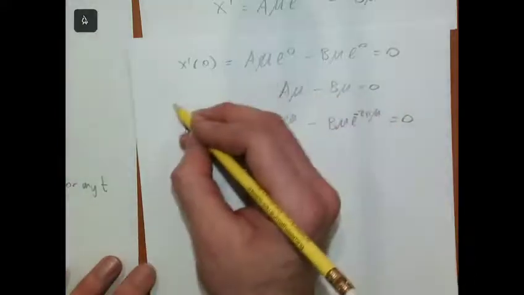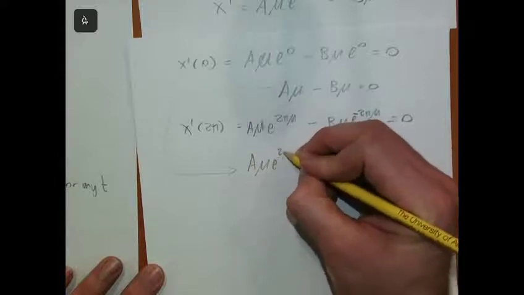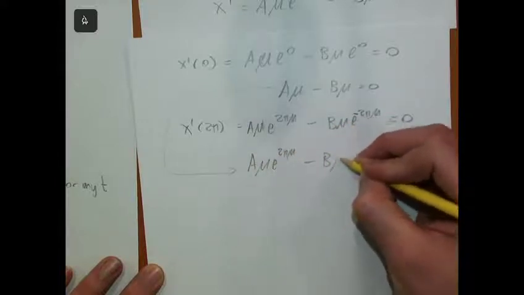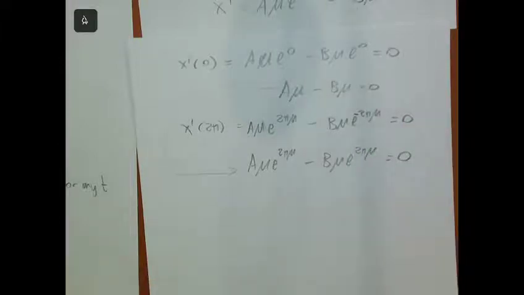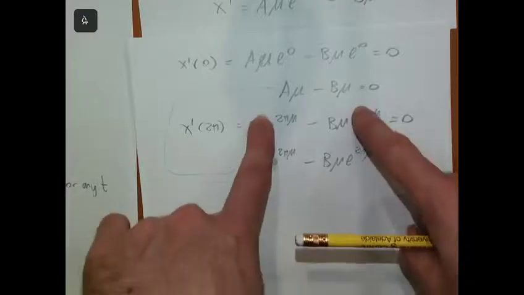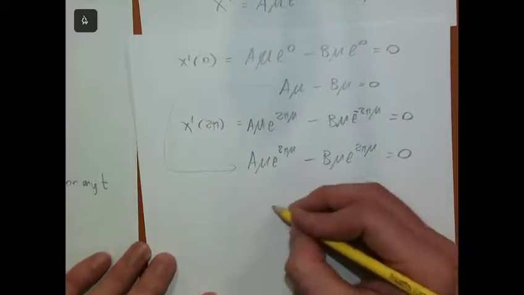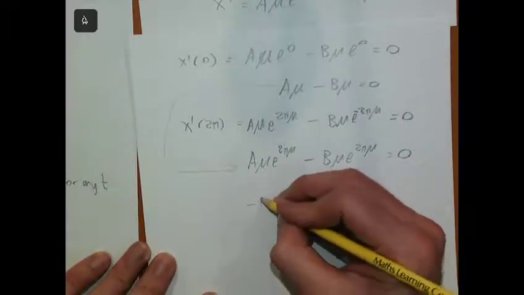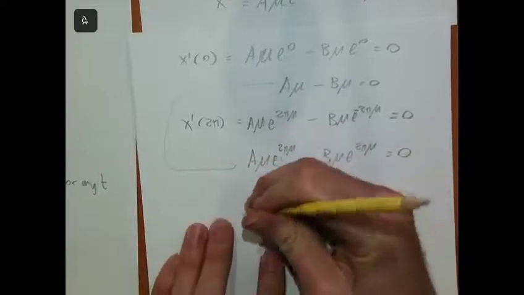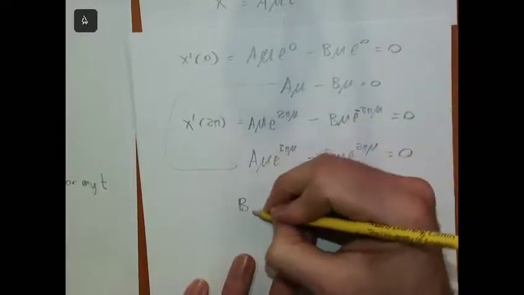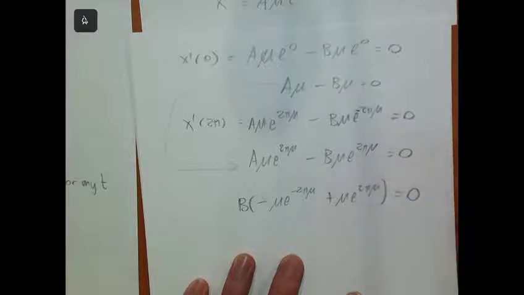If I multiply this equation by e to the 2 pi mu, like that, then if I go this equation minus that equation, I'm going to get that.